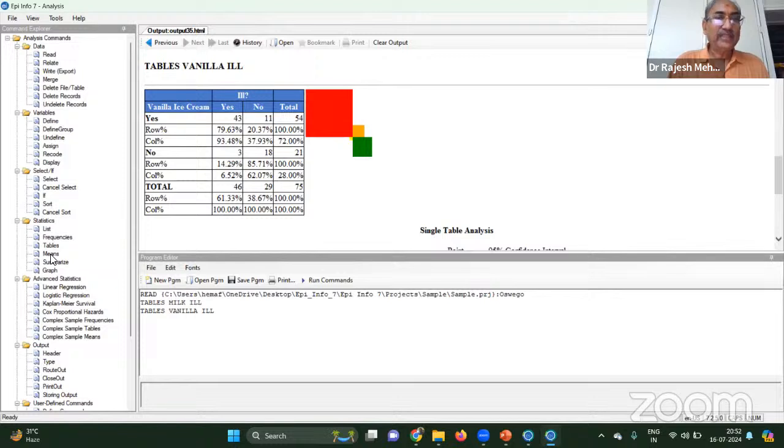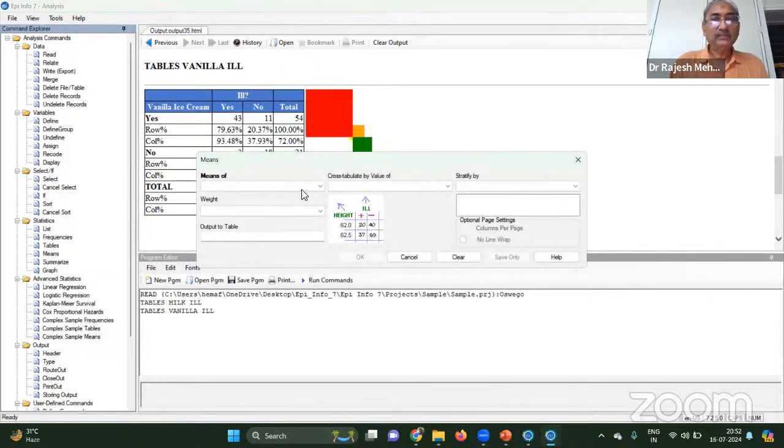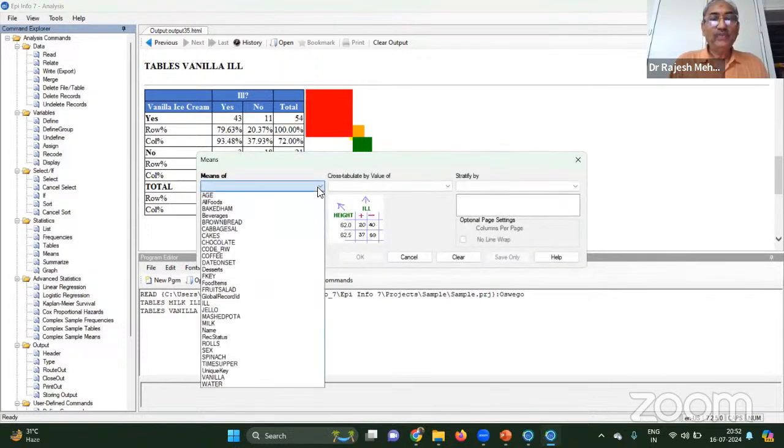Similarly, if you look at the means command, whenever you are using the means command, you first select a variable which is a continuous, numerical variable, or which has a value in terms of numbers so that you can find the mean out of it.